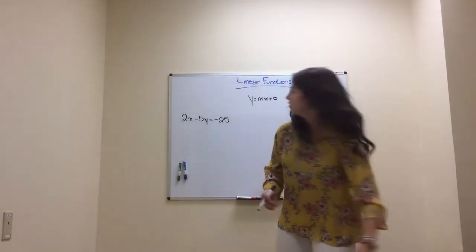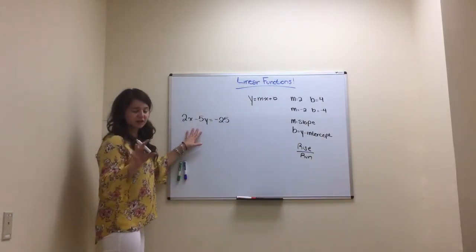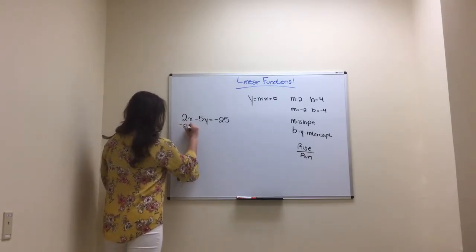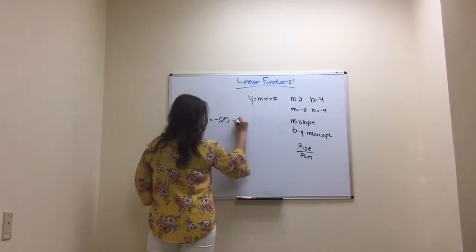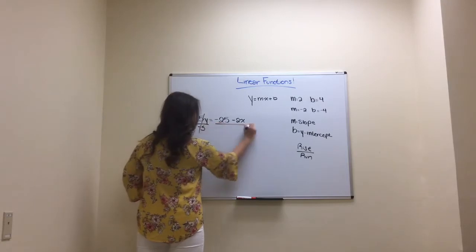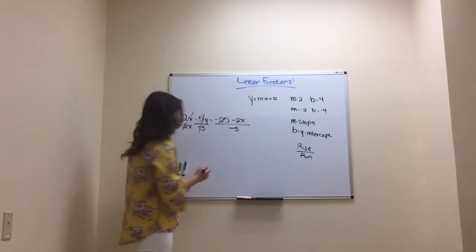All right? So, the first thing that I would do, this is just a little bit of algebra, okay? But it's no big deal. So you're going to minus 2x. I like to cross it out just to say it's no longer on this side, minus 2x, and then divide by negative 5, okay? Now, this looks complicated, but it's not, okay?